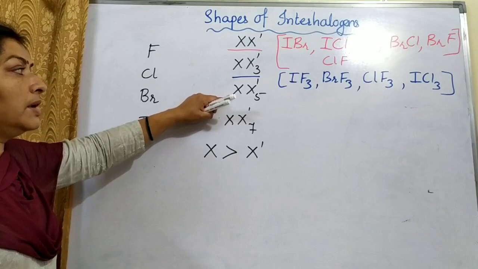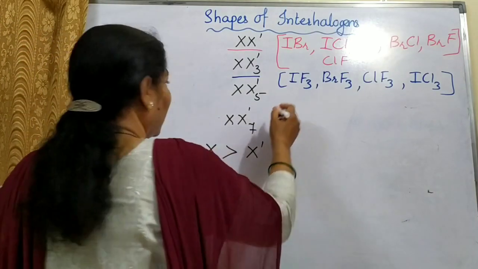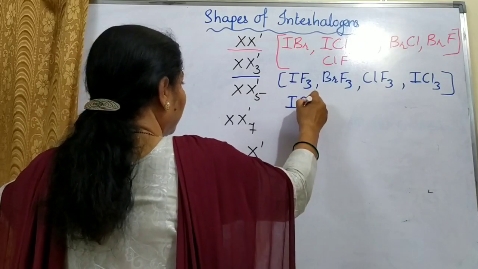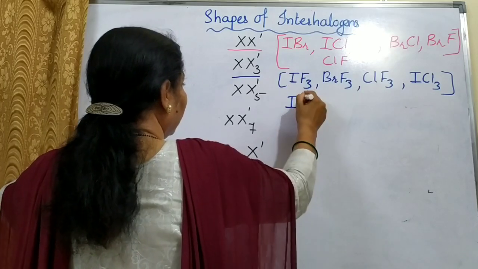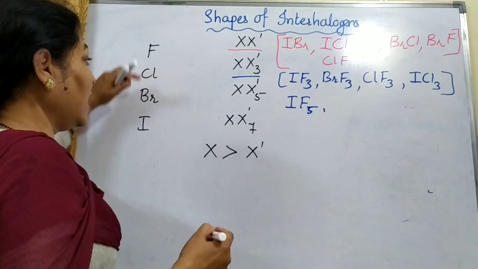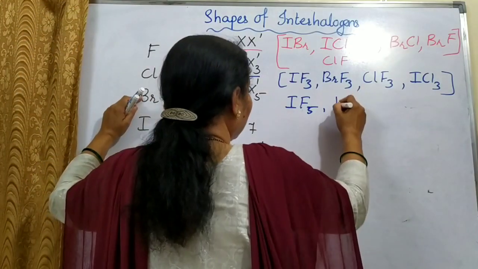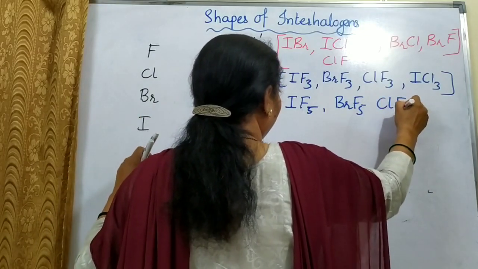And of the formula type XX'5, the possibilities are I with Br, each one with F. So it will be IF5, BrF5 and ClF5.